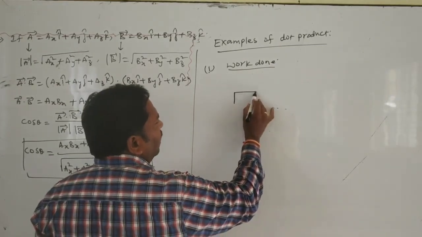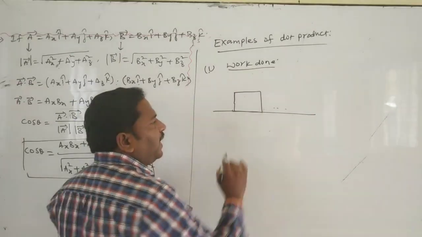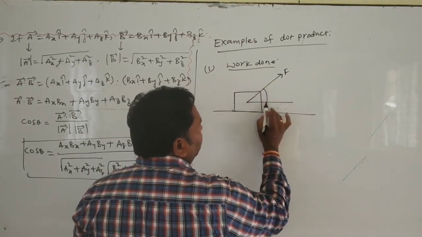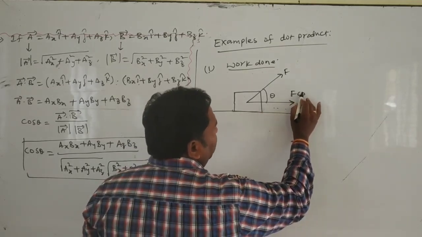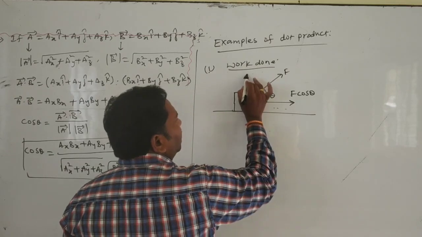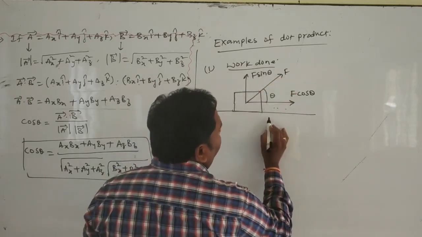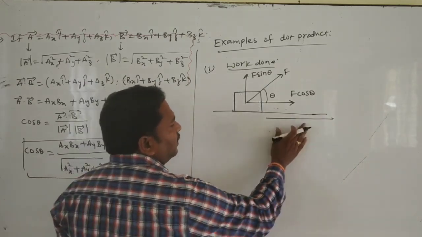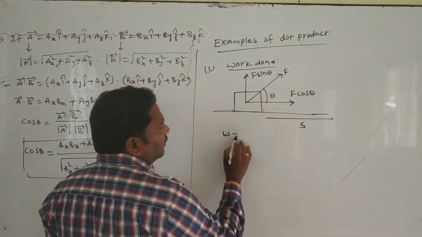Suppose this is a block of mass m. A force F is applied at an angle theta with the x-axis. This component is F cos theta, and in this direction F sin theta. Due to this component it displaces by S. Now what is the work done?